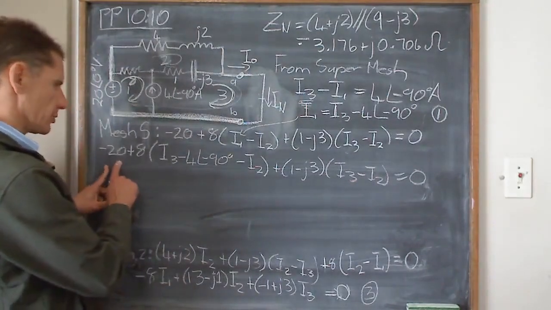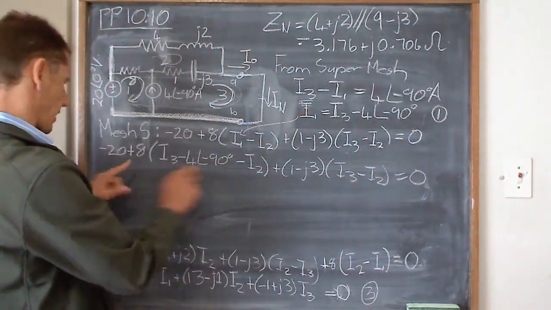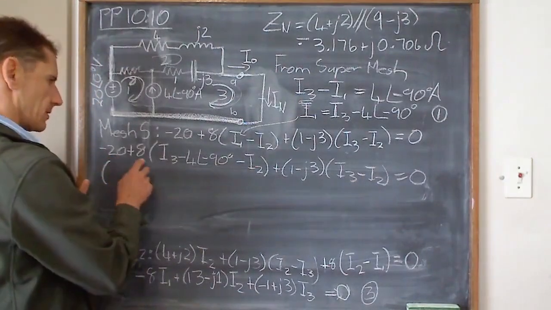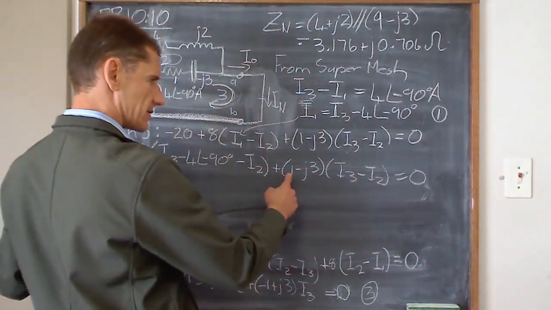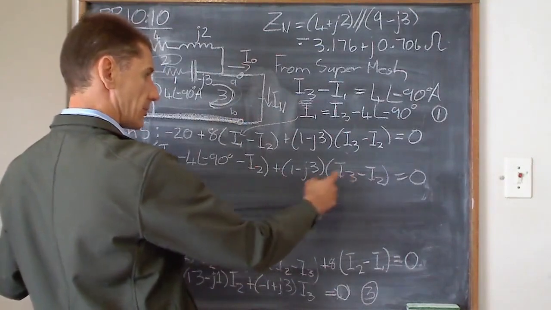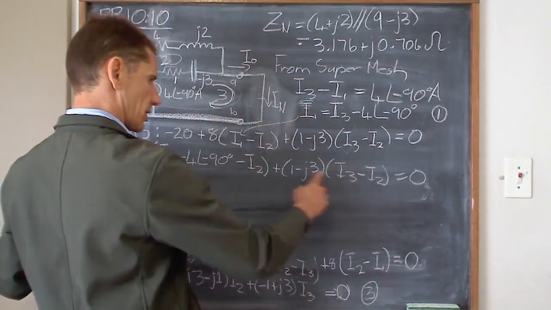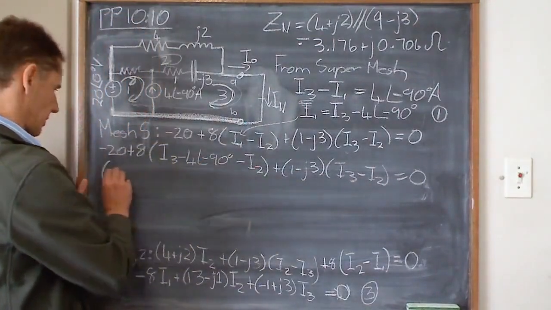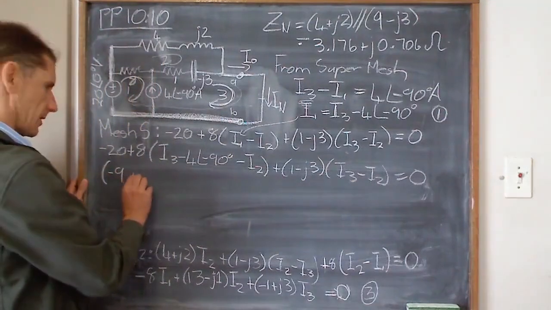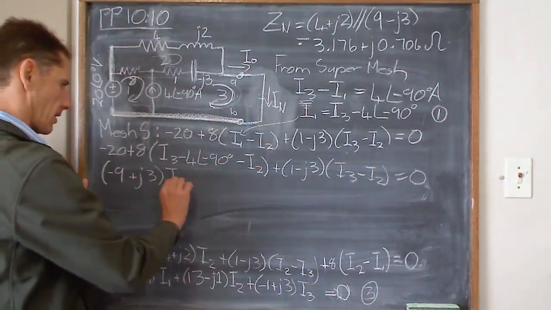So let's look for I2s. There's an I2 that gets multiplied by an 8. So that gets multiplied by an 8, and there's a 9 minus j3, but it's a minus that I'm multiplying with. So it's minus 1 plus j3 minus 8. So it's minus 9 plus j3 I2.